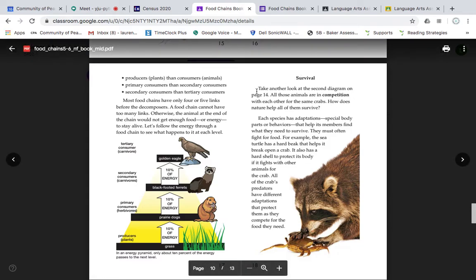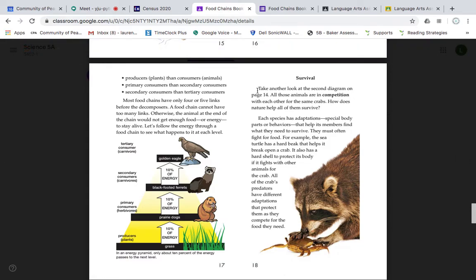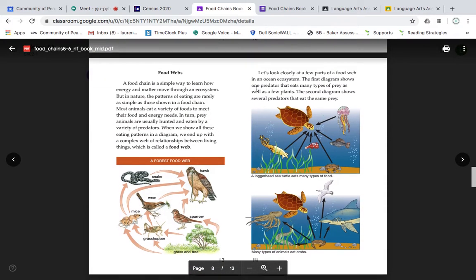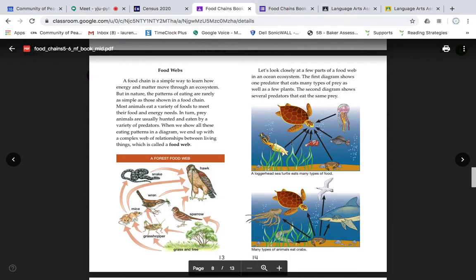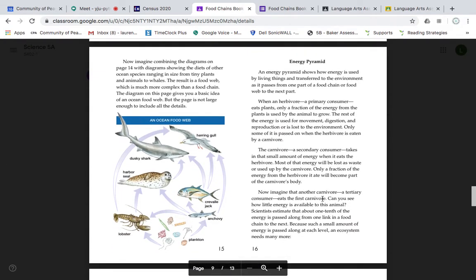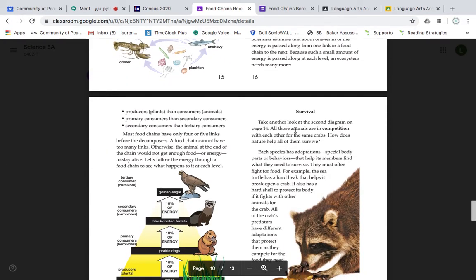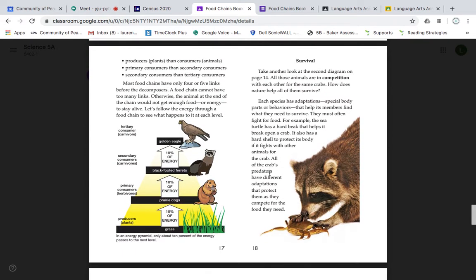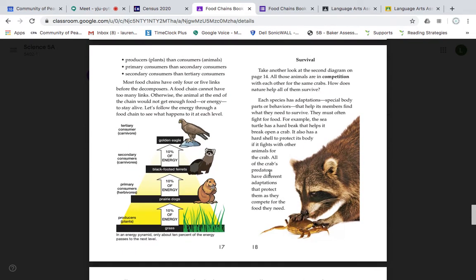Survival. Take another look at the second diagram on page 14. Yep, these are our oceans. All those animals are in competition with each other for the same crabs. How does nature help all of them survive? Each species has adaptations, special body parts or behaviors that help its members find what they need to survive.